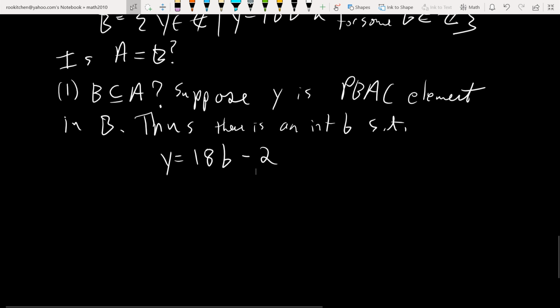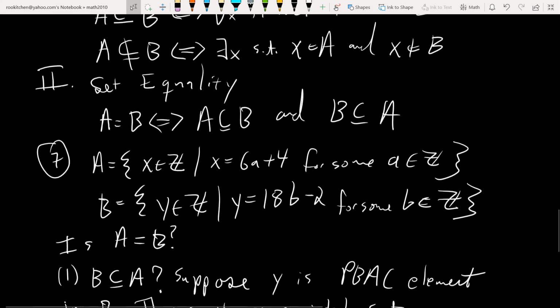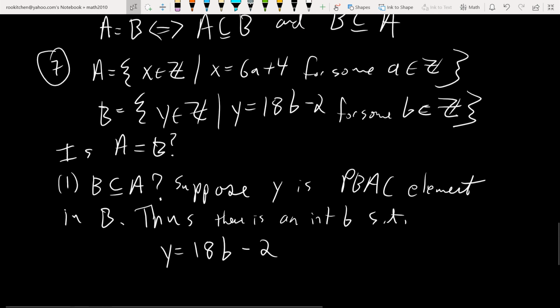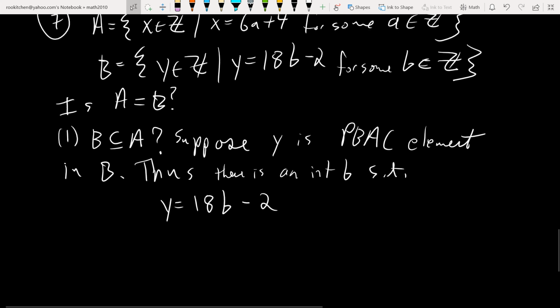Okay, so from here, what I'm going to do is kind of try to back engineer an element in the set A. Right? I'm going to show that y is actually in A. Okay. All right, so this takes a little bit of cleverness. And so you can think about it, where do I want to end up?